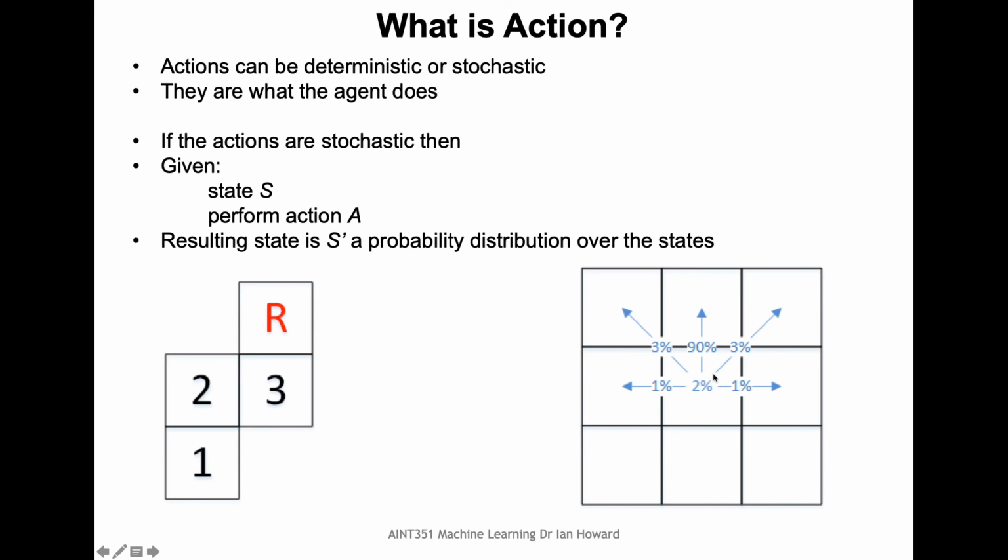And 2% of the time we stay where we are. So an action, in a maze, would be moving in a certain direction. If it's a stochastic system, we have a probability of taking an action, and that means there's a probability that we'll end up in another state.